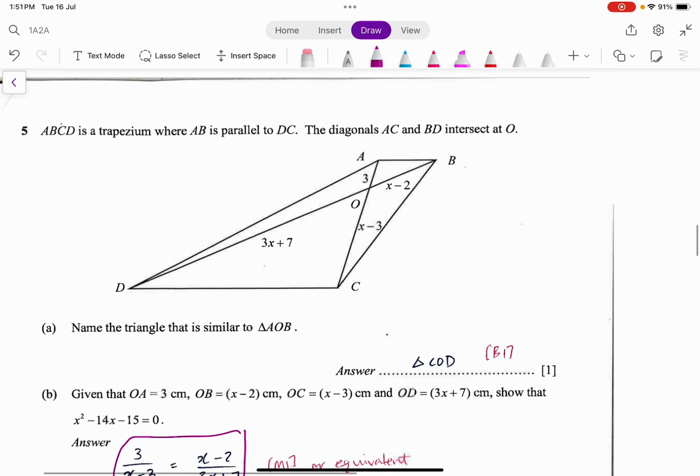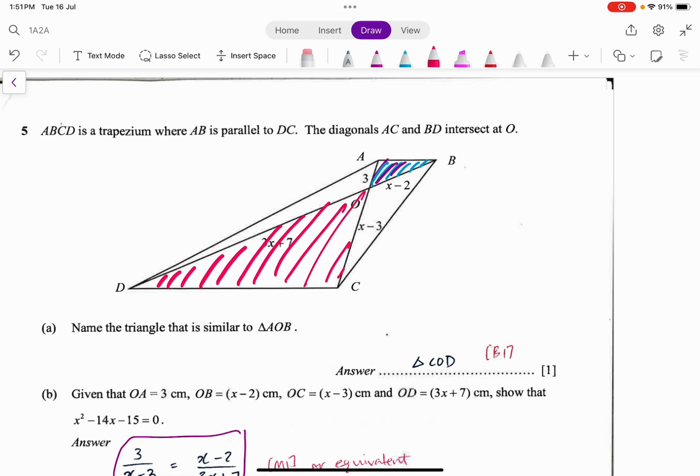We say that triangle AOB, this triangle, is similar to this one, COD. So what does it mean when triangle AOB is similar to COD?